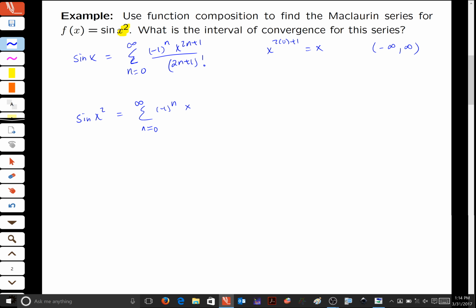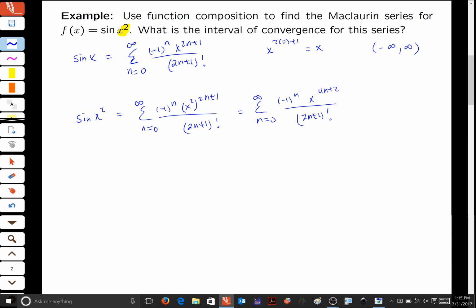And we have x squared to the 2n plus 1 over 2n plus 1 factorial. Simplify that exponent, and you're going to have x to the 4n plus 2 over 2n plus 1 factorial.